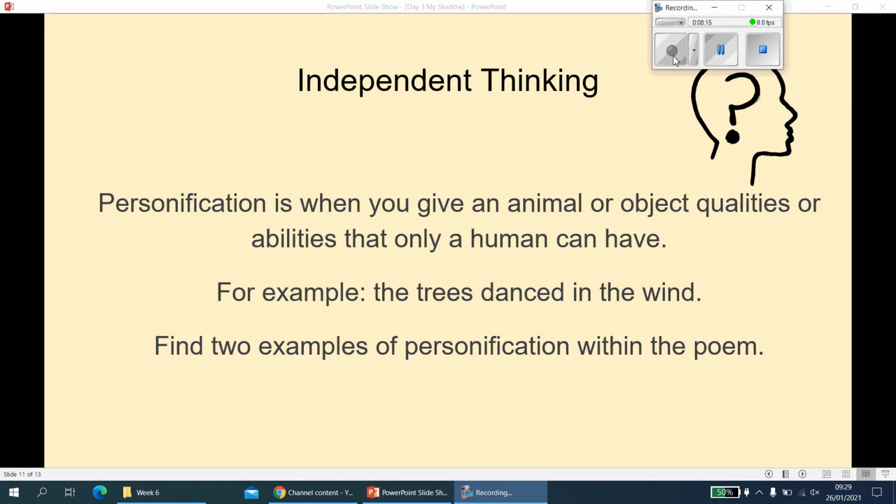So now I've had a look through the poem, and I'll give you some different marks for this. Two things you might have had. In the first paragraph, it says, "And I see him jump before me when I jump into my bed." So you see the shadow jump, and that's a human quality, that's personification. I would probably give you a mark if you said about how he grows.